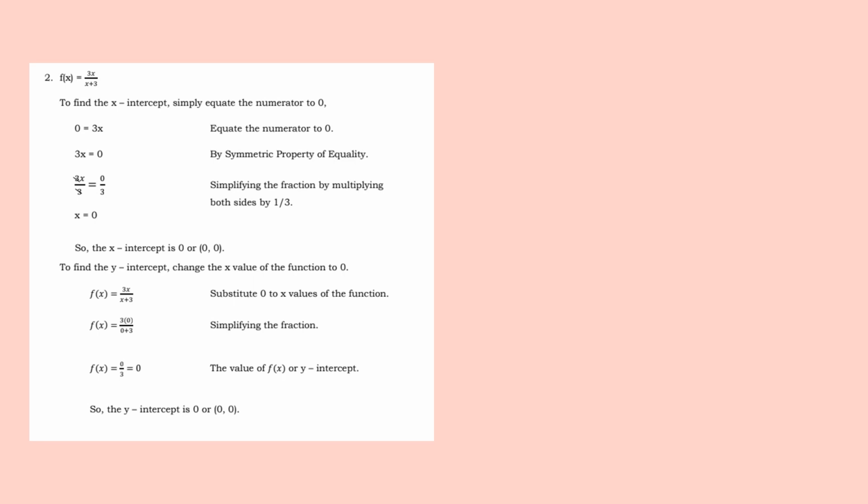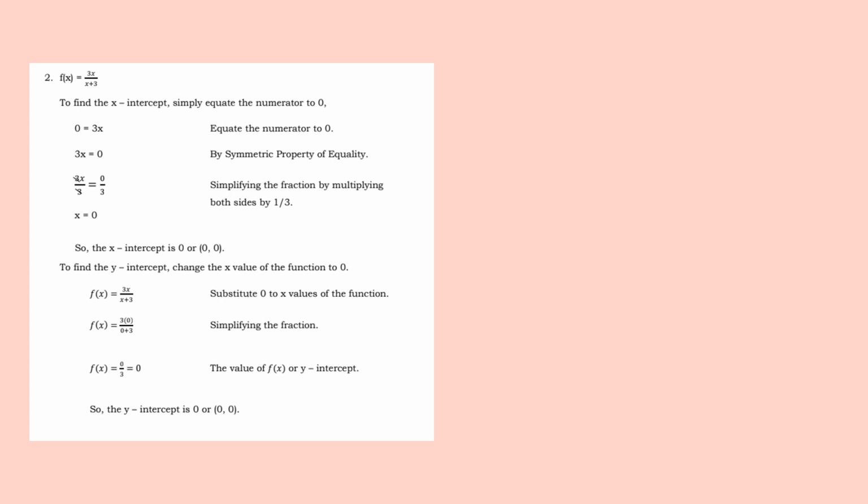Next, let us solve for number 2. Number 2 says f of x is equal to 3x all over x plus 3. To find the x-intercept, we simply equate the numerator to 0. So, our numerator is 3x.